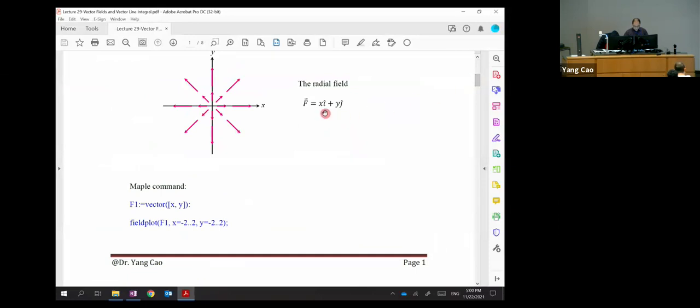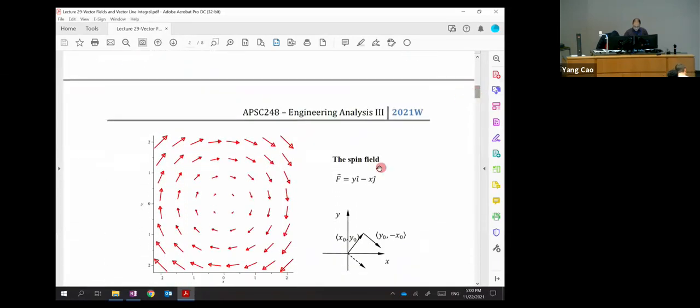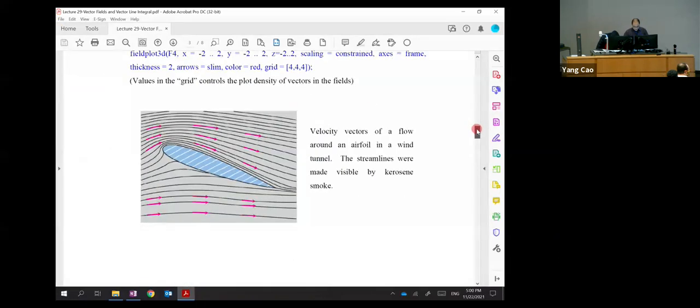If you have a vector function like this, it presents a radial vector field out of the origin. And if your vector function is like this, then you literally have a spinning vector field. The farther away from the origin, the bigger the magnitude of the vectors. That's essentially the idea of a vector field and how you build one, all based on the vector function.